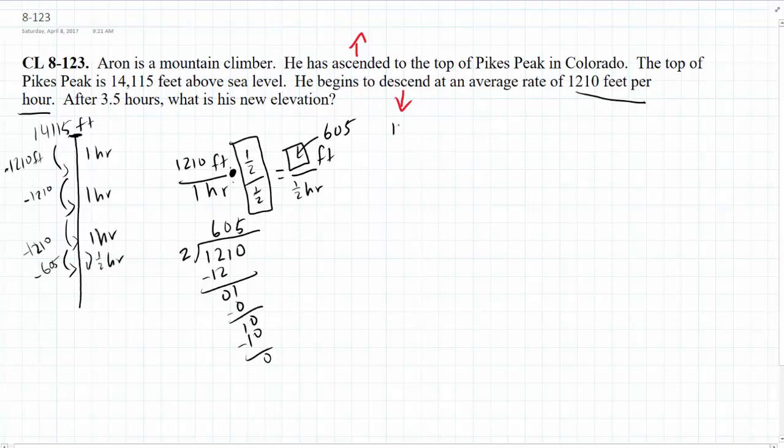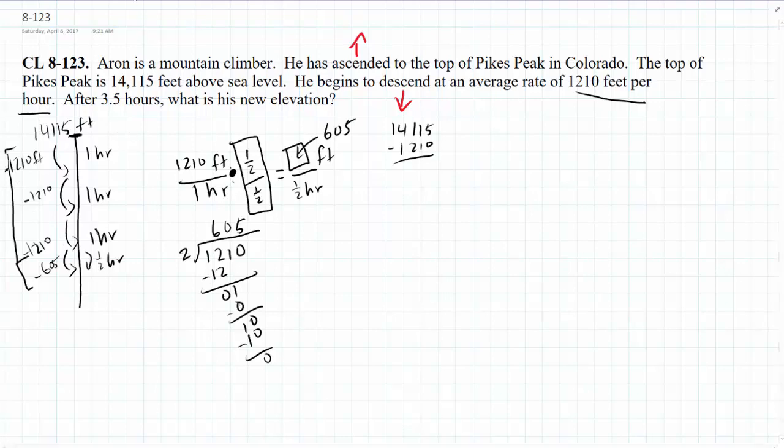We could then subtract 1,210 from 14,115 3 times, then subtract 605. But I think a faster way is, if we see this diagram, we notice we have 3 groups of the 1,210, and we have another half of a group.